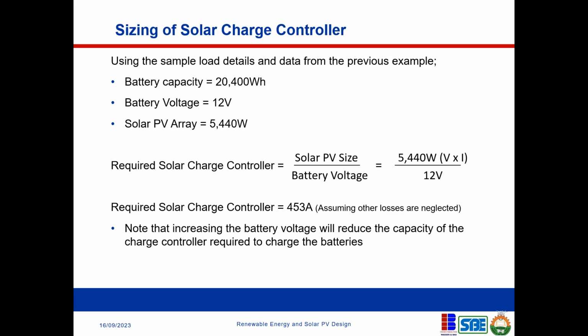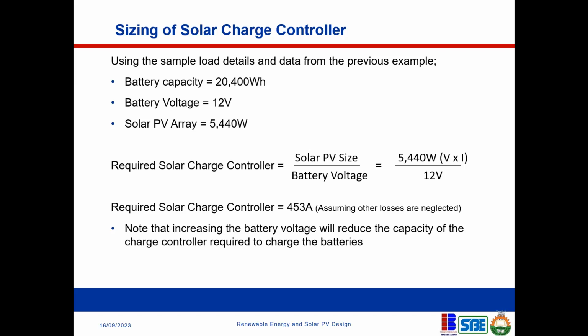In this case, you can say, since I need 8 batteries, let me work with 48 volts, so I can have 4 in series and 2 in parallel, and your charge controller can still be reduced. But first of all, you need to look at the system; that's the first point of call before you walk back to the charge controller and the voltage of your system.